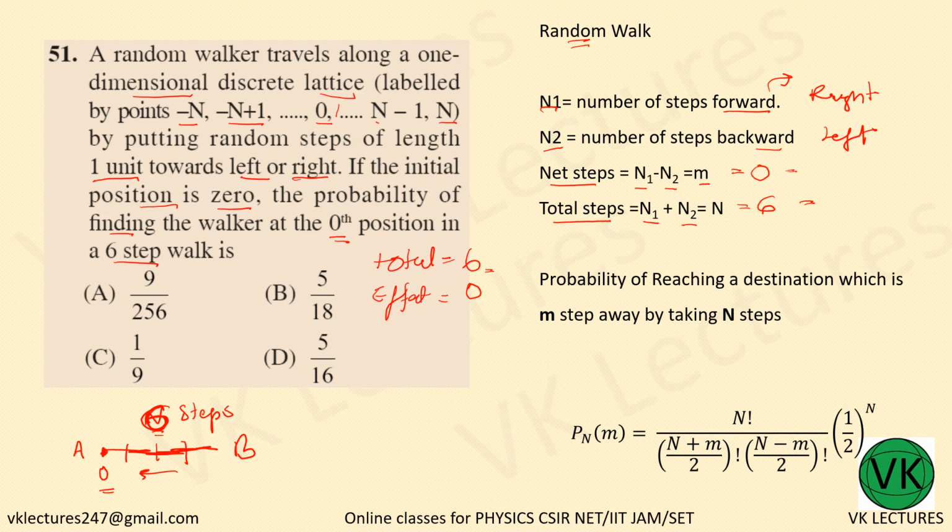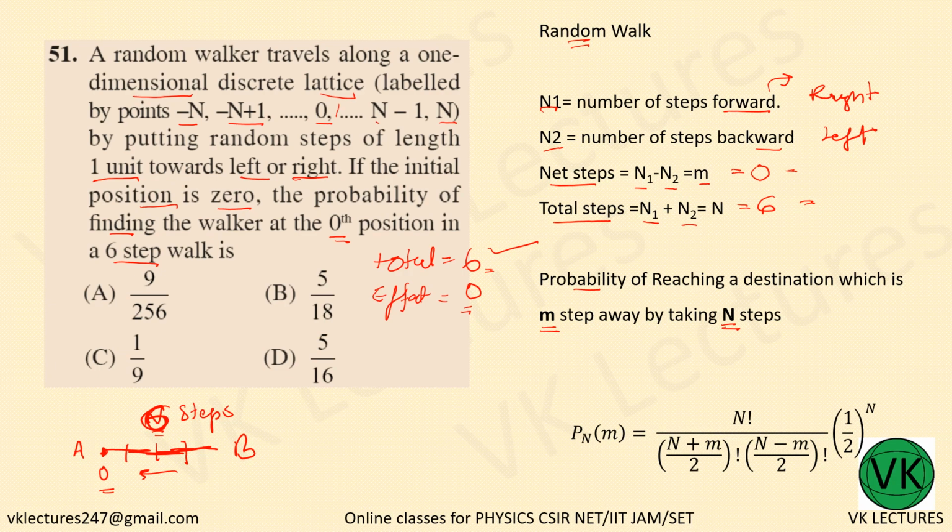Now the probability of reaching a destination which is m steps away by taking N steps. That means the total number of steps he has taken is 6, the effective step is 0, he is m steps away, m equal to 0.